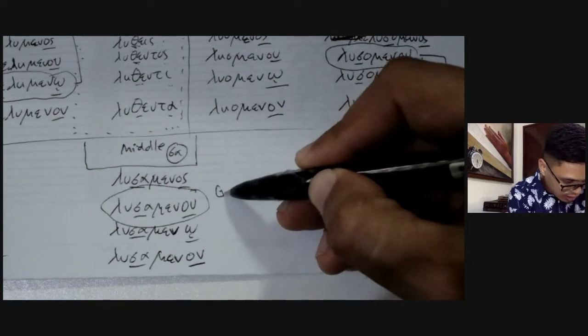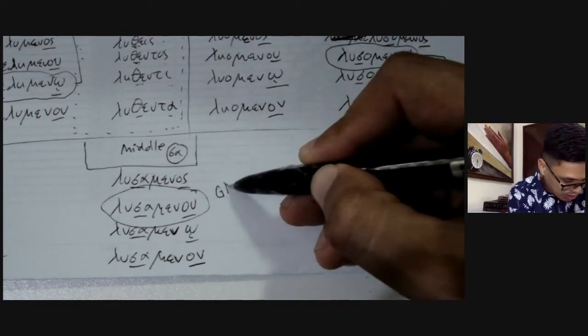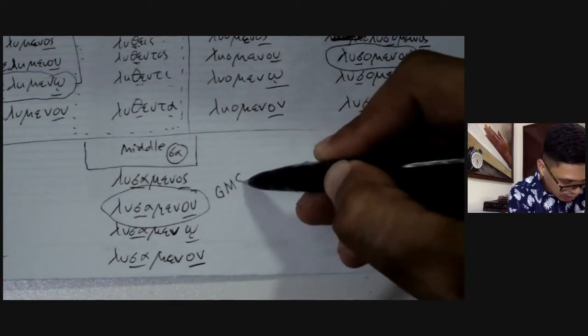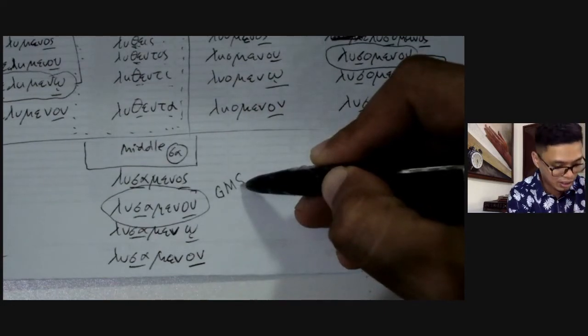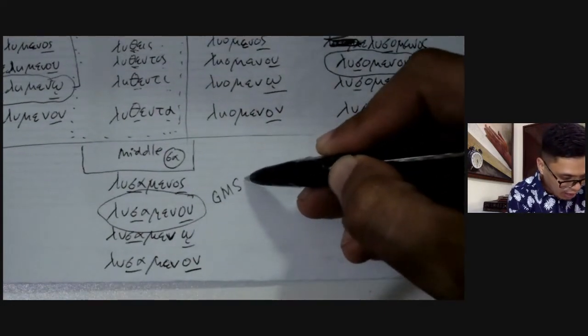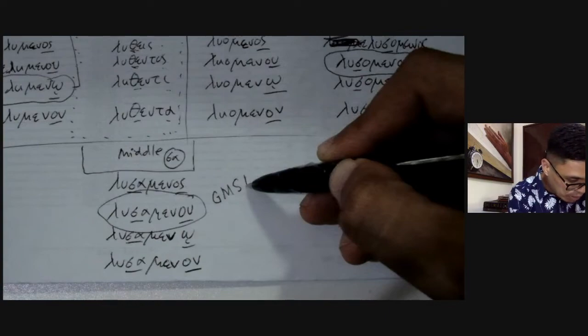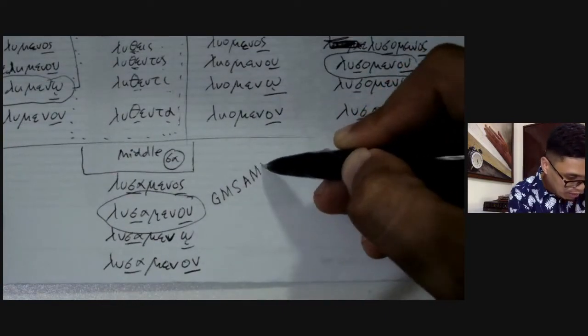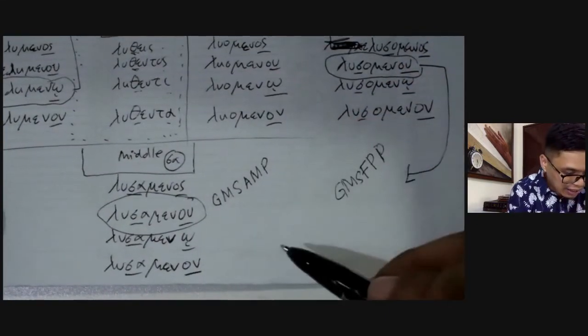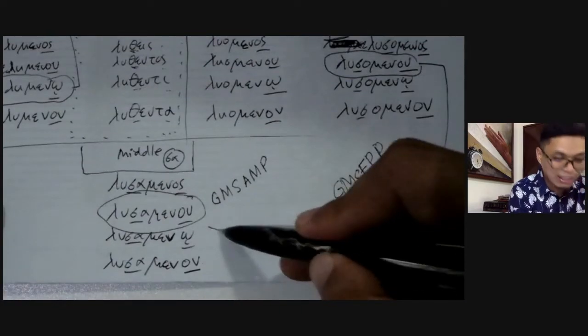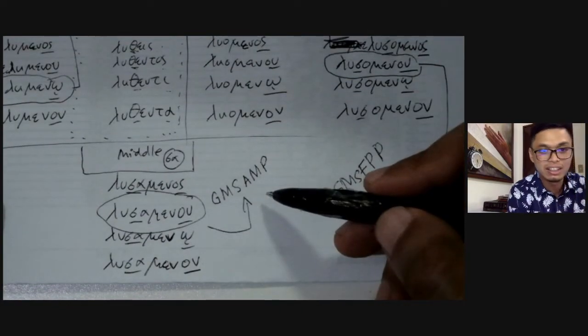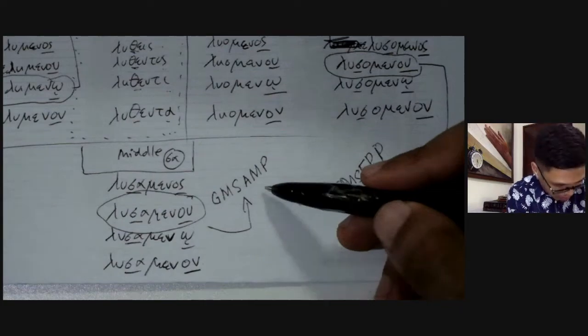Yes, genitive. Masculine, singular. Genitive masculine singular. And then you have aorist middle participle. That is your parsing. So easy. Genitive masculine singular, aorist middle participle.